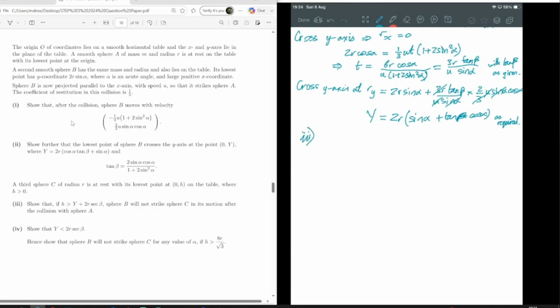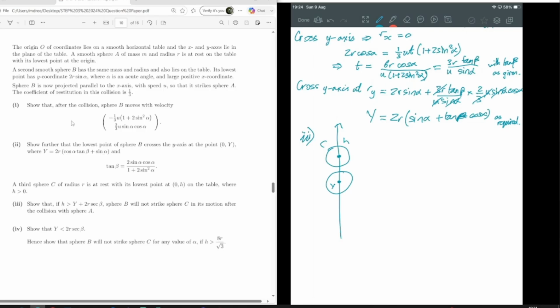So we need these two to miss each other. Basically, we have sphere C positioned at h, and we're going to have sphere B centered at Y when it goes across the y-axis.